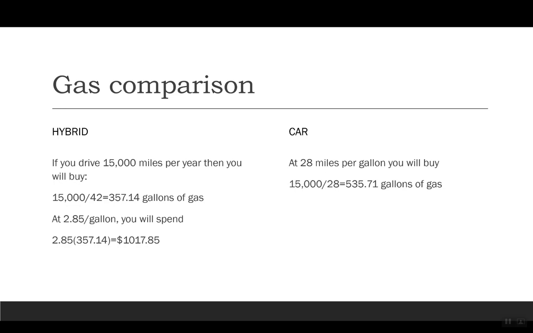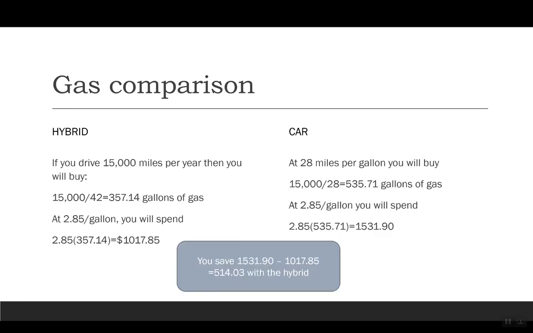So when I divide 15,000 by 28, that's 535.71 gallons of gas. I multiply that by 2.85, which gives me $1,531.90. So my difference is just subtracting those two amounts. 1531.90 minus 1017.85 gives me $514.03 savings by getting a hybrid car.